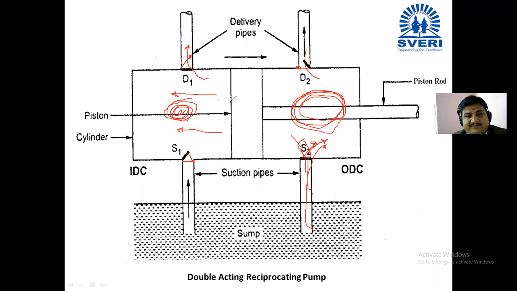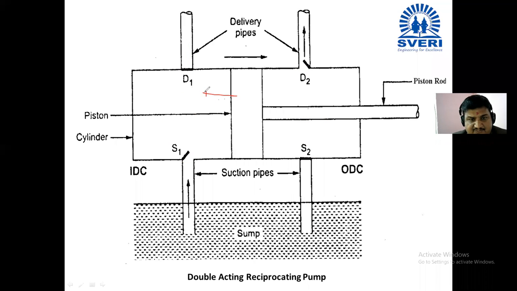Means when your piston moves forward, water will be sucked in on the right hand side and water will be sent out from the left hand side. And when your piston moves from left to right, water will be taken inside at the left hand side of the cylinder and sent outside at the right hand side of the cylinder.